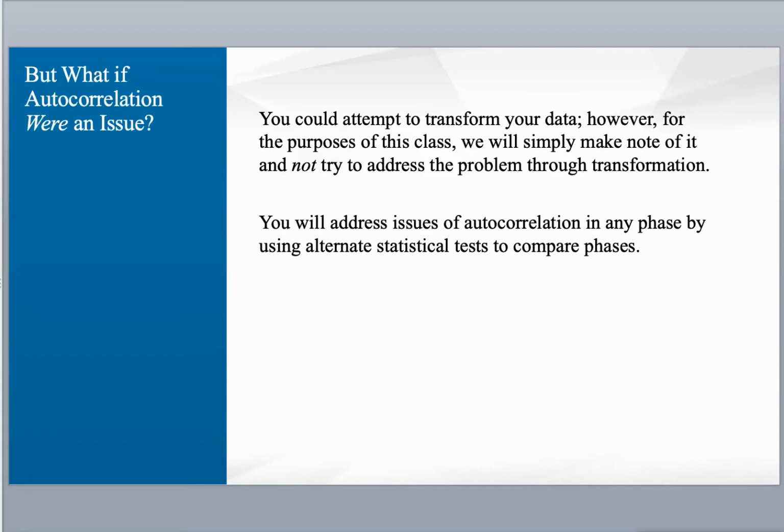It might be some of you would like to try it, and I'd be glad to help you along in doing that to see what that's like. But I'm not going to require it. So you would address issues of autocorrelation in any phase by using alternative statistical methods to compare the phases.